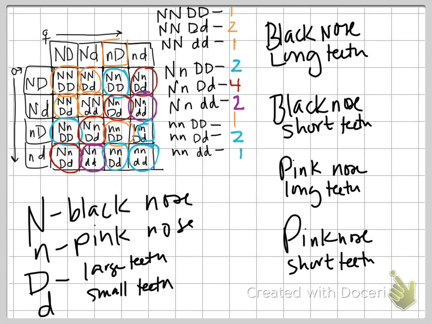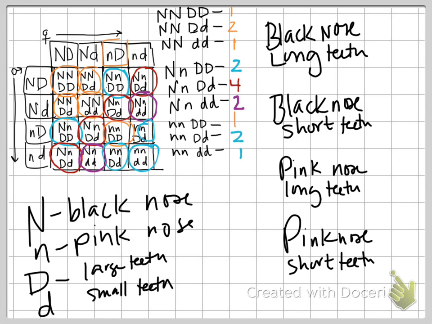There are always, in Mendelian traits, fewer phenotype combinations than genotype combinations because those heterozygous individuals are going to appear phenotypically like a dominant individual. So if we look at our numbers here, who has a black nose? Where are our black-nosed individuals?